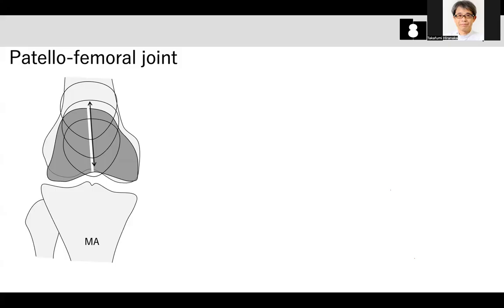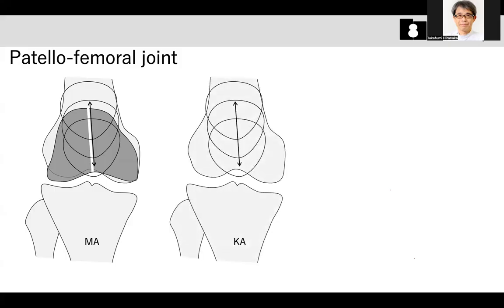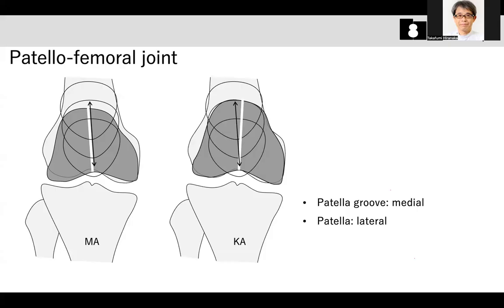But in kinematic alignment, the femoral component is aligned not to the anatomical axis, but to the joint line like this. So eventually, the groove line of the femoral component comes slightly medially, and that can affect the patella tracking.